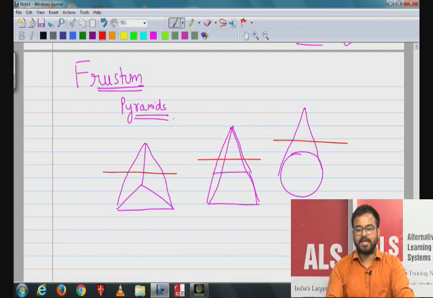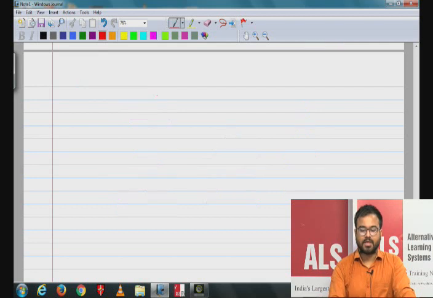Or you can understand it like this. Let us take a cone. A cone is like this, a circle on the base.